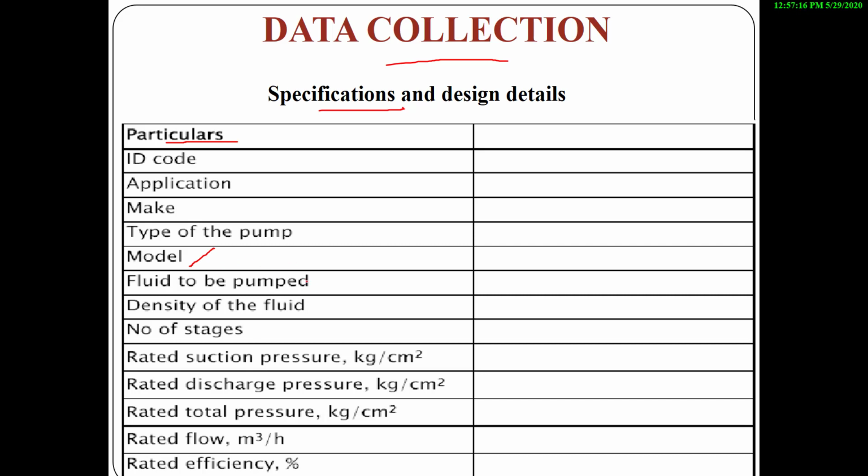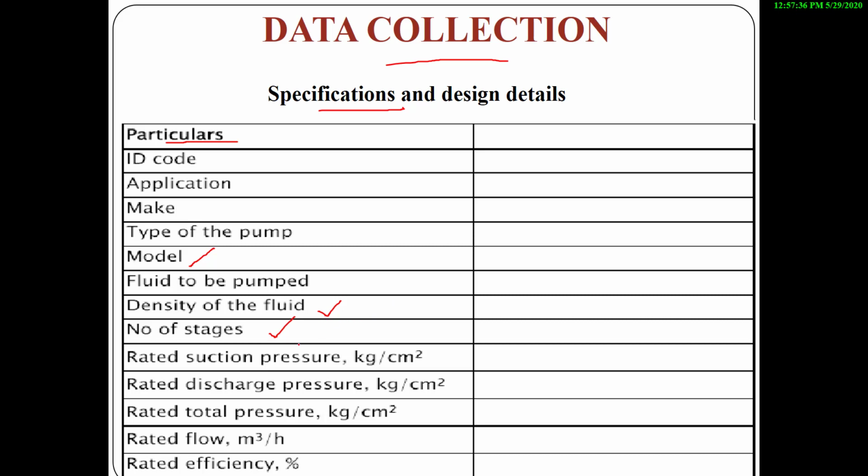What type of model is needed, and what fluid is to be pumped, and the density of the particular fluid, and the number of stages, that is, what stages the fluid or liquid can be processed in, or whether it has to be transferred without processing.